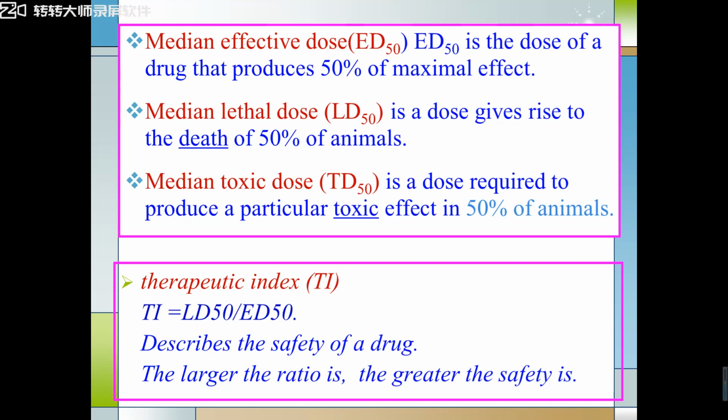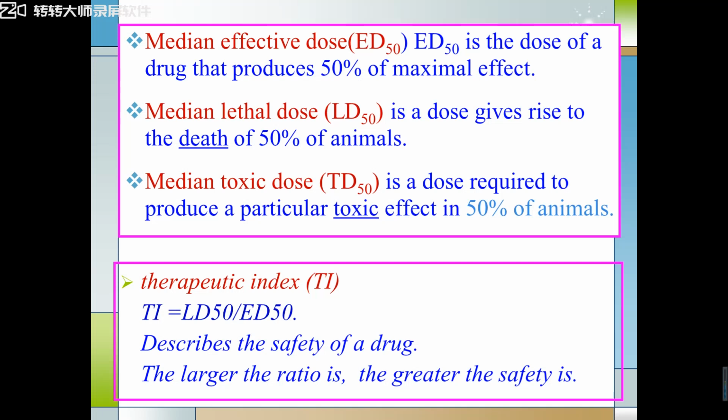However, if the log dose-response curves of therapeutic and toxic effects of two drugs are not parallel, a certain safety factor is used for comparison. We also know the larger the ratio is, the greater the safety is.